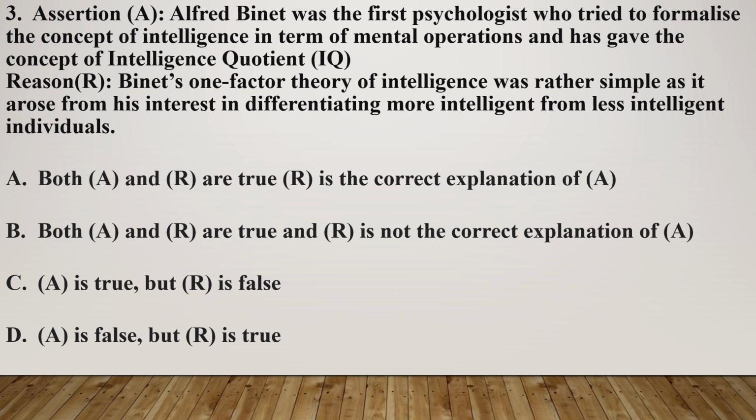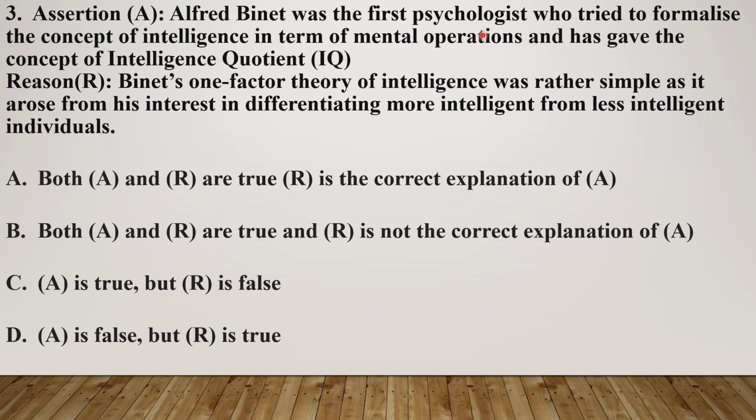Question number 3, assertion. Alfred Binet was the first psychologist who tried to formalize the concept of intelligence in terms of mental operation and gave the concept of intelligence quotient. Now the assertion is false.